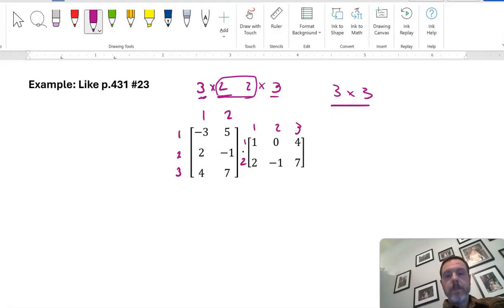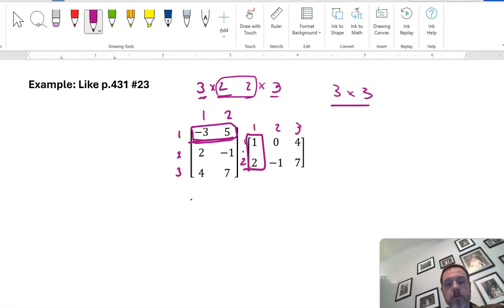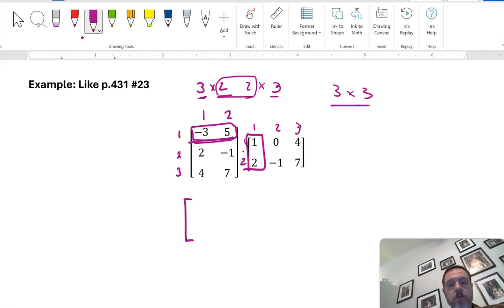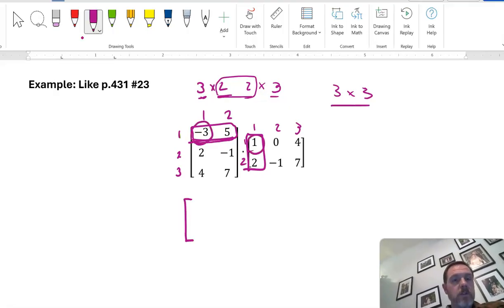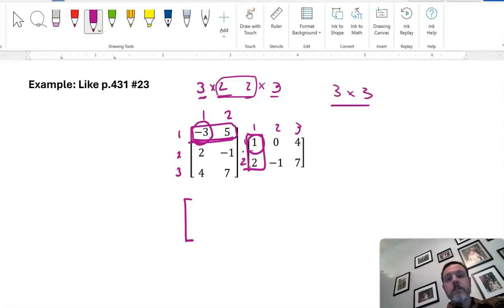We'll take these row numbers by these column numbers first. Let's do -3 times 1. That's -3. And 5 times 2, that is 10. Remember, we're working from left to right and top to bottom.